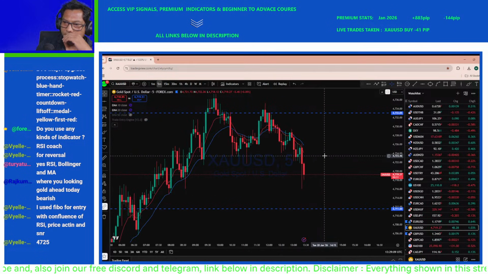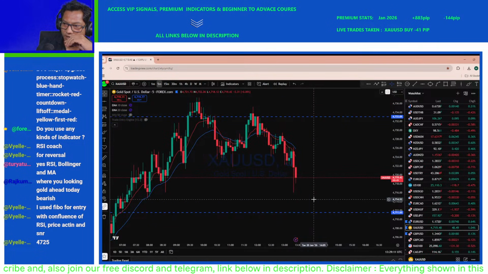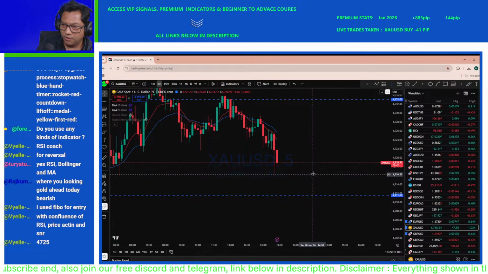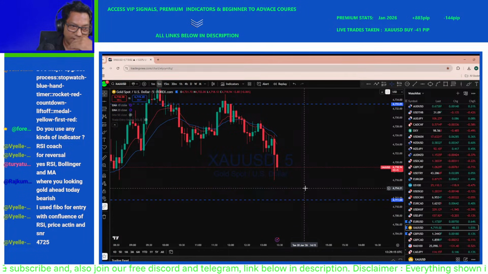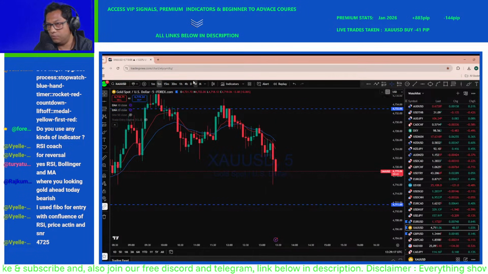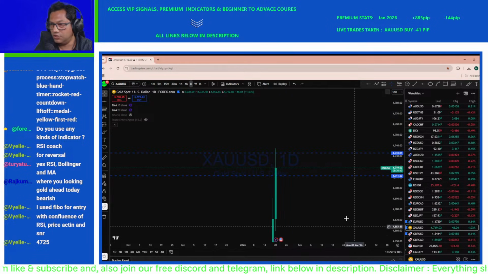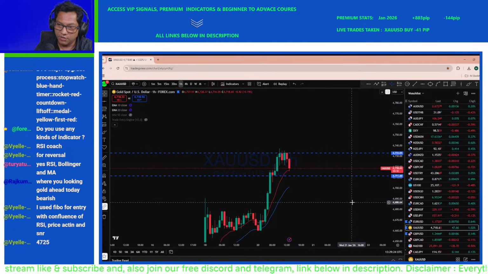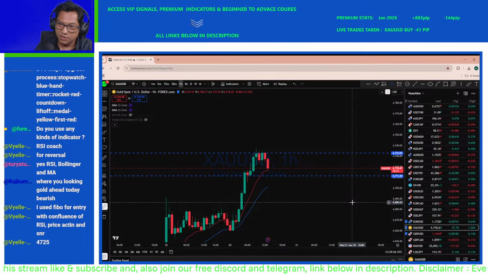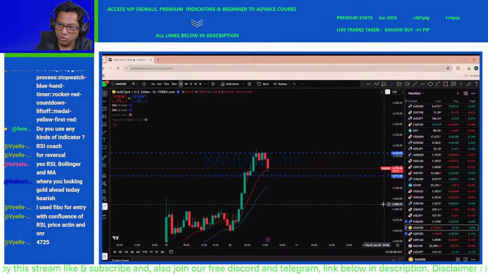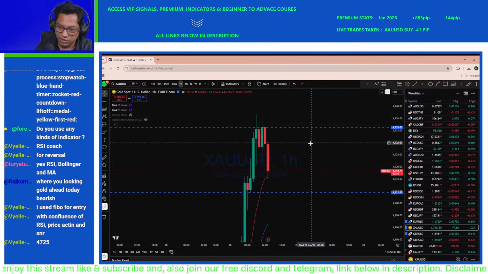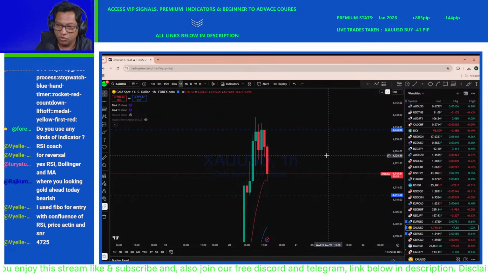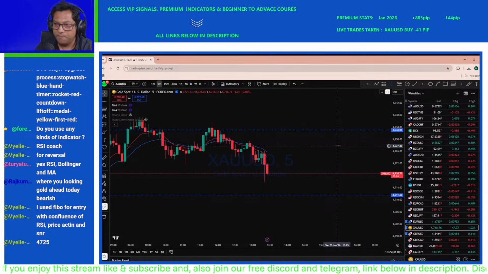Okay, so the market structure so far is still showing possible further downside, but the long-term trend here is bullish. So I'm still looking to trade in the direction of the trend, right? This is the key: to trade in the direction of the trend, even if the trade is not going in your favor.